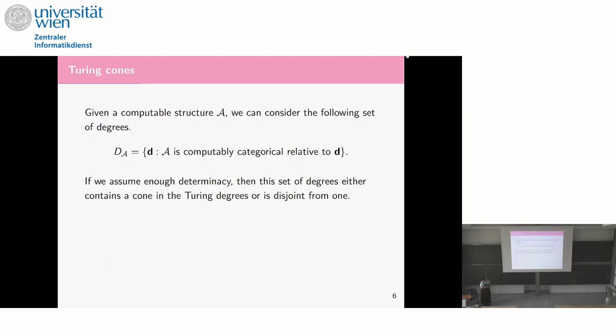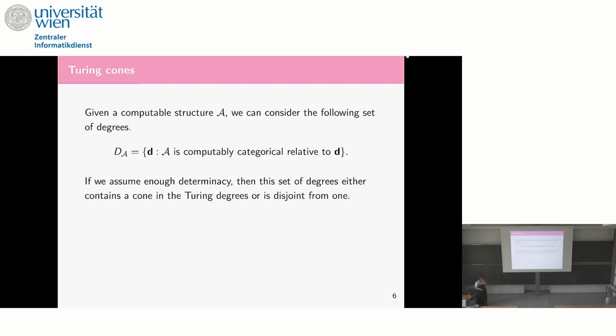Okay. So this is a new way of thinking about this that I wasn't thinking about before. Given a computable structure A, you can form the set of degrees D sub A. That is the set of degrees such that A is CC relative to D. If we assume enough determinacy, then this set of degrees either contains a cone in the Turing degrees or is disjoint from one.